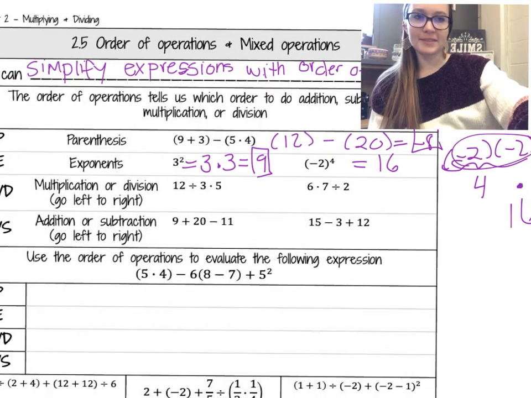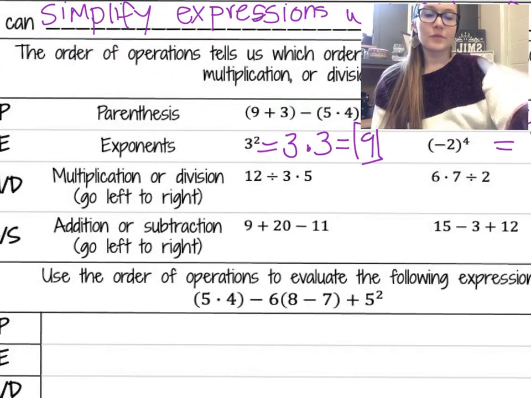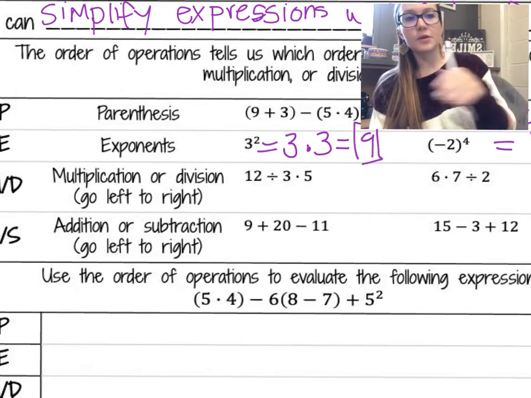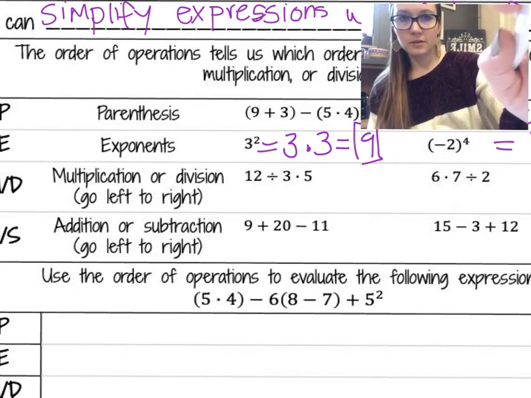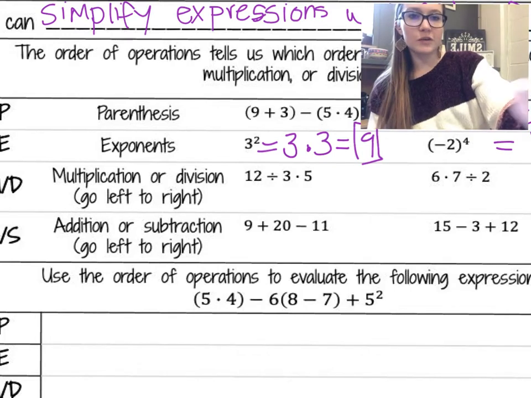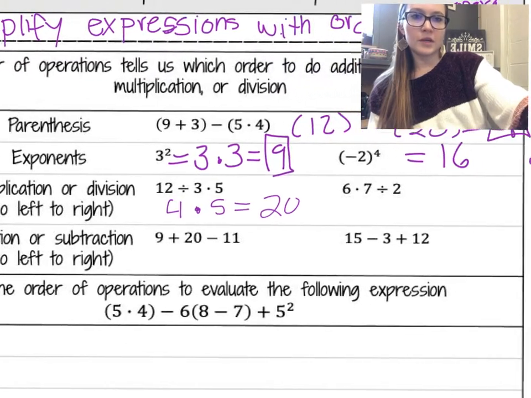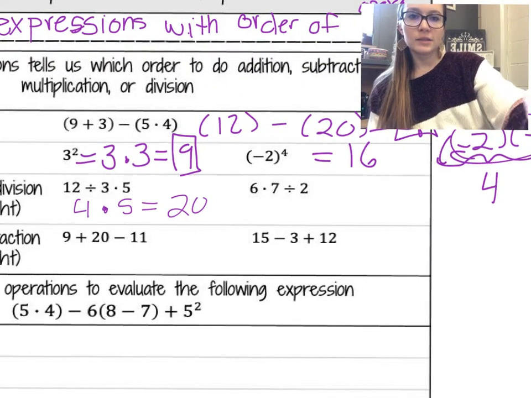Sorry, I have the hiccups. Okay, so the multiplication and division step, go left to right. So starting with 12 divided by 3, just 4, then times 5, just 20. Again, going left to right, 6 times 7 is 42, then divide by 2 is 21.